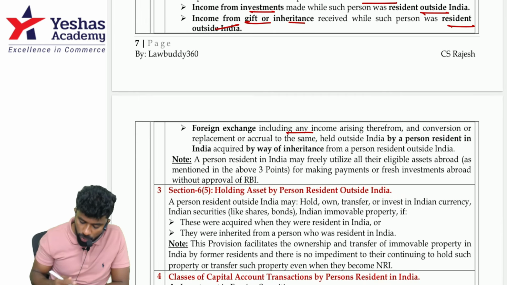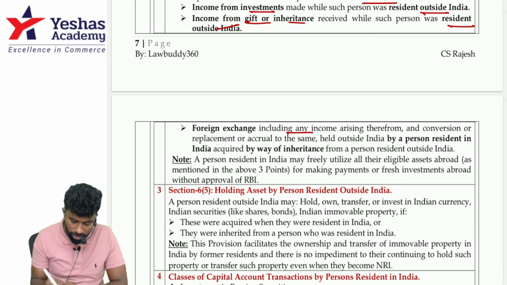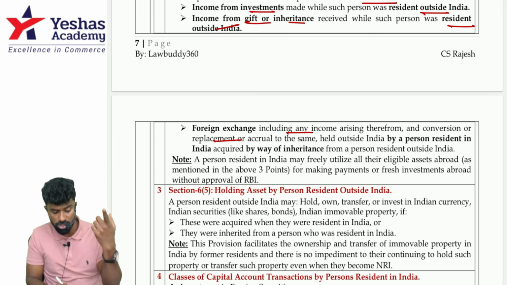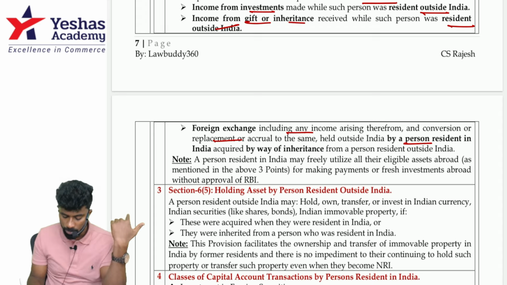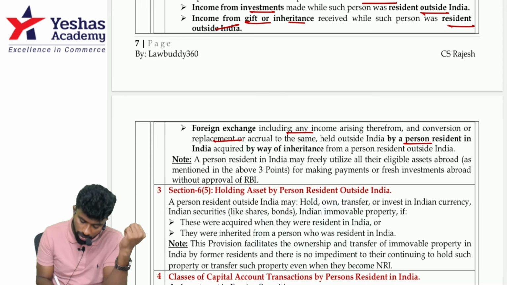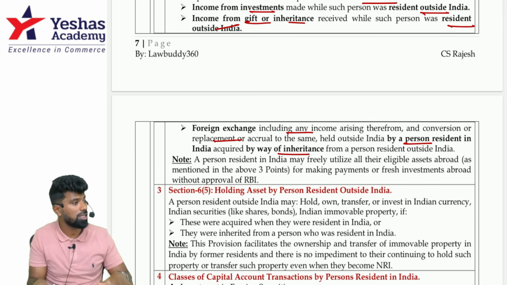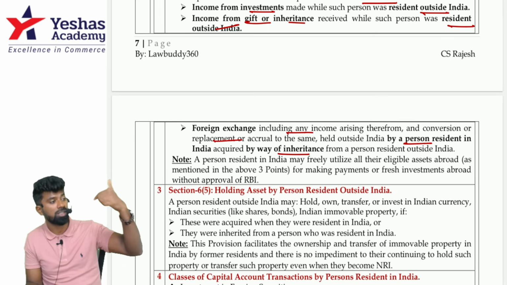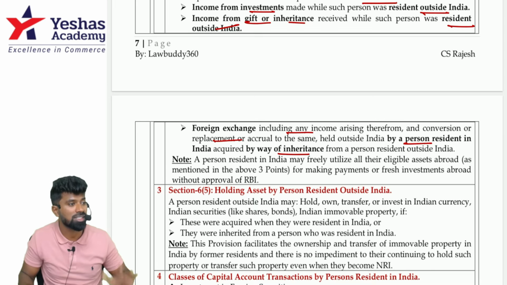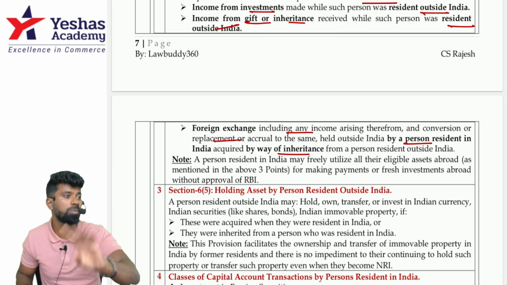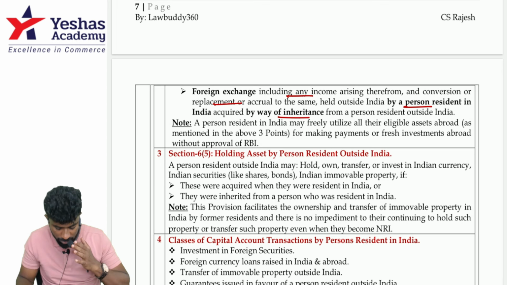Foreign exchange including any income arising therefrom and conversion or replacement or accrual to the same held outside India by a person resident in India are acquired by way of what? Inheritance. So if he has acquired these things by inheritance or when he was resident outside India, can he deal with this? Yes. Without whose approval? RBI's approval. Are we clear with this, everybody?